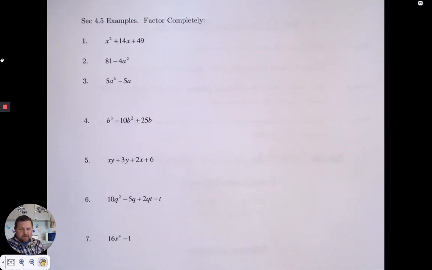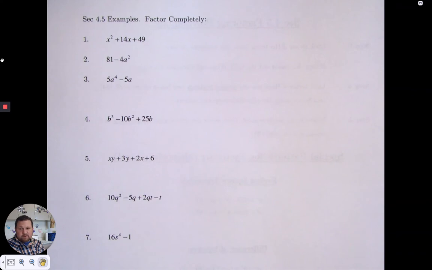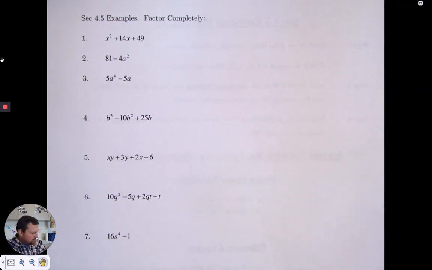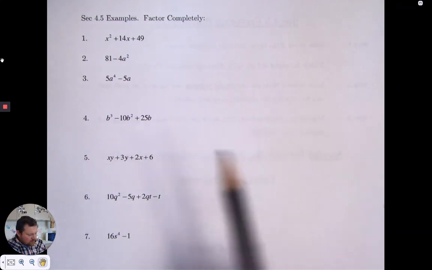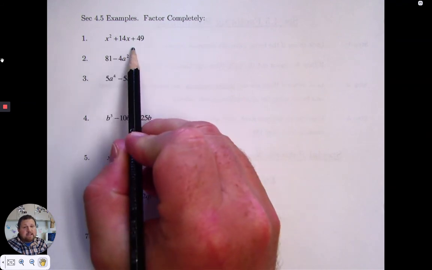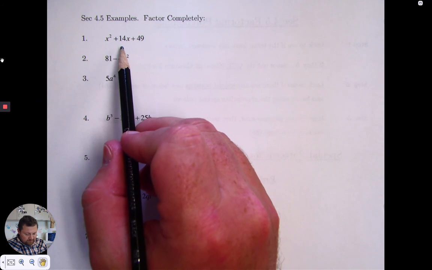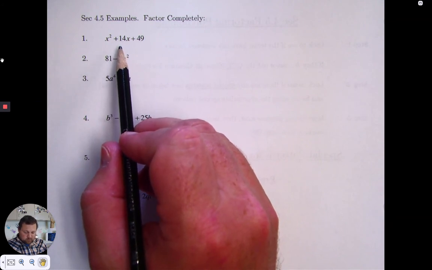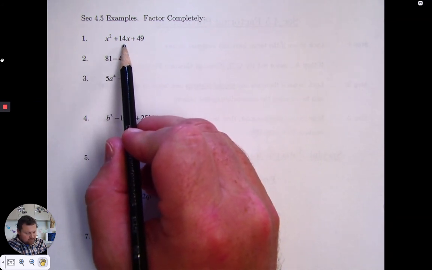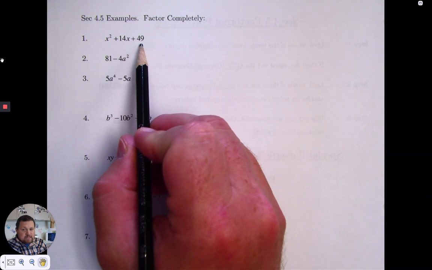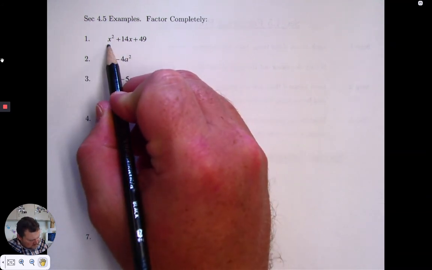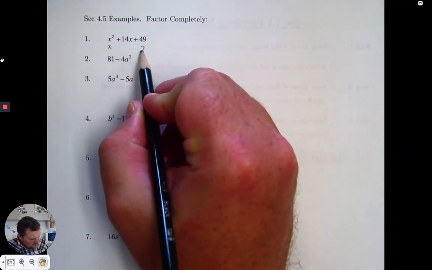So, our examples. Step number 1 here: we have x squared plus 14x plus 49. First and foremost, we ask ourselves, is there anything I can factor out of all of these? The answer is no. So then I have to ask, does this fit a pattern? It very well may, because we have a perfect square plus a number plus another perfect square. If we take the square root of this, it gives us x. If we take the square root of that, it gives us 7.